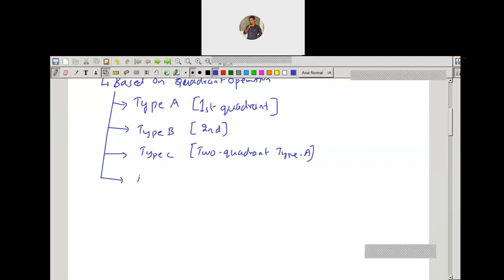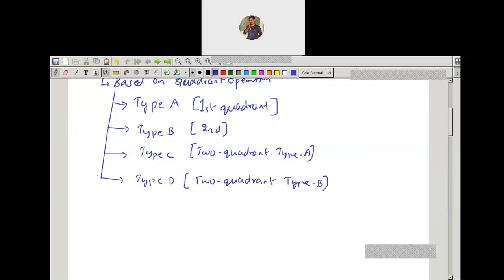One more classification is type D chopper. It is called a two quadrant, and you can observe I'm mentioning two quadrant, not second quadrant. Two quadrant type B chopper.